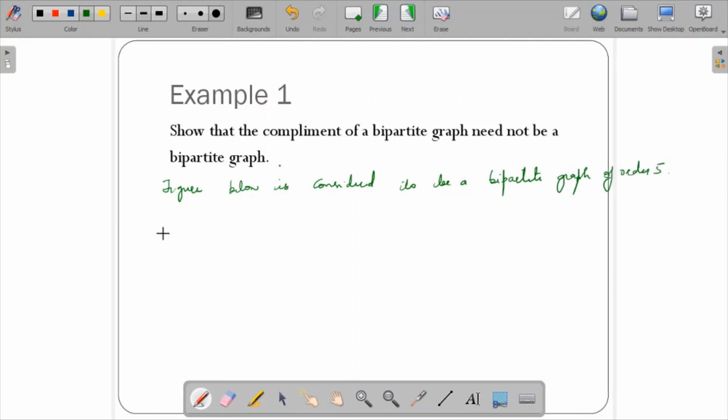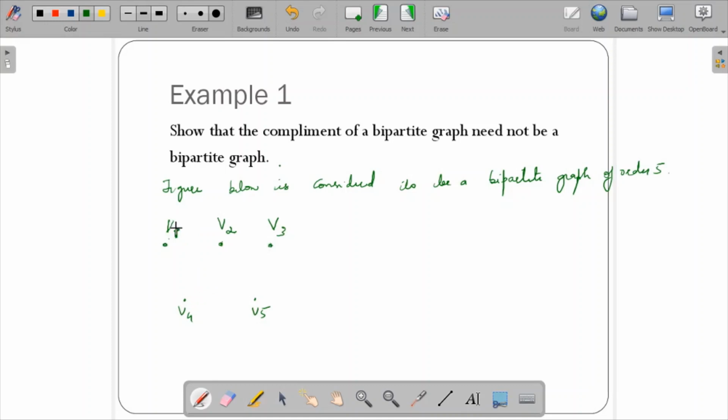Now in the figure, let the vertices be V1, V2 and V3. If you remember the definition of a bipartite graph, there should be two vertex sets and they should be disjoint. So the other set would be V4 and V5. Now we are taking this as one set and this as the other set. Let us draw those vertices.